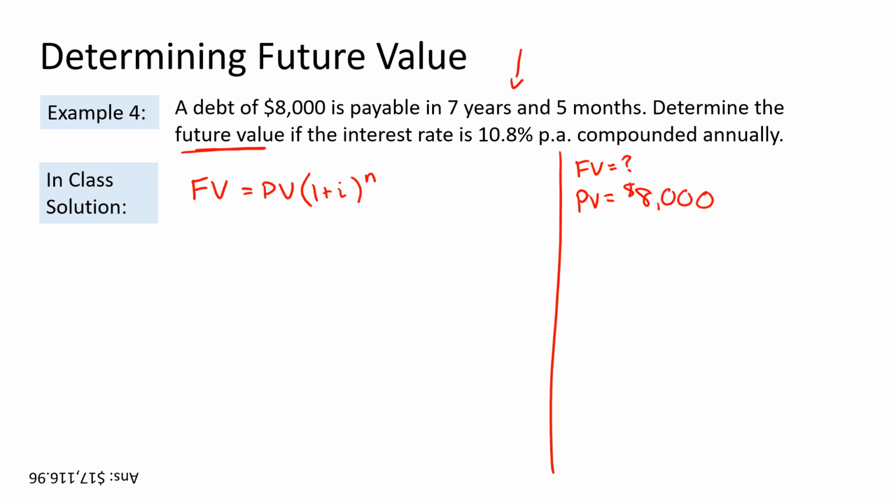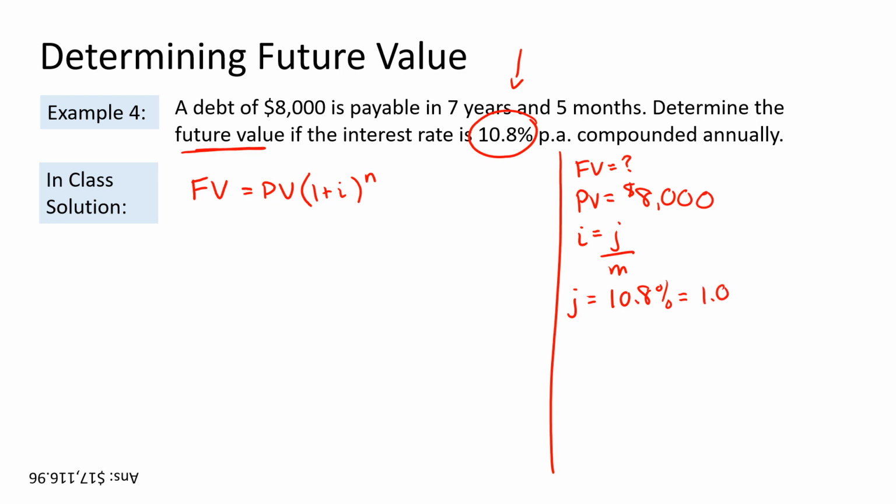Let's look at our periodic interest rate. Our periodic interest rate is equal to our nominal interest rate divided by M. Our nominal interest rate is usually given in the question. In this case, it's given as 10.8%. Remember, you have to convert this to a decimal to use it in your formula.